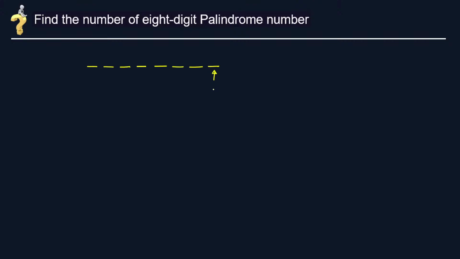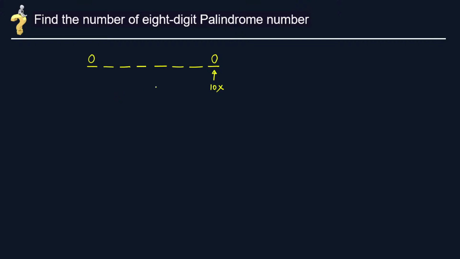Now, somebody can say in a hurry, sir, this place will be filled in 10 different ways. Wrong, because this place cannot be filled with 0. Why? Because whatever digit you put here, you have to put the same digit over here. And if it ends with 0, it means the number will start with 0, since it's a palindrome number. That is not possible, because if the 8-digit number starts with 0, it no more remains an 8-digit number. It becomes a 7-digit number.